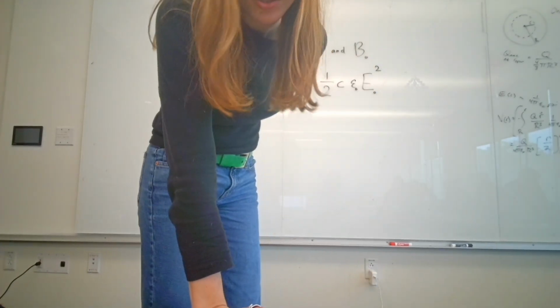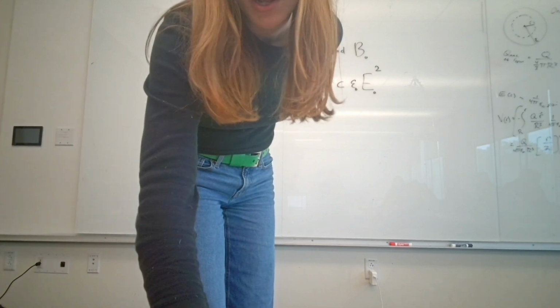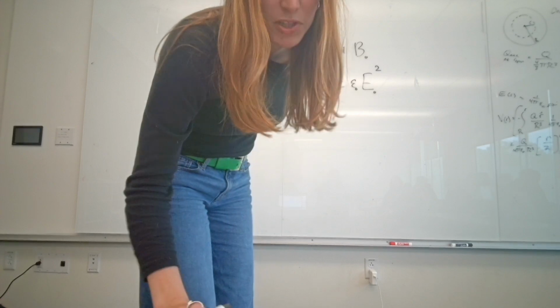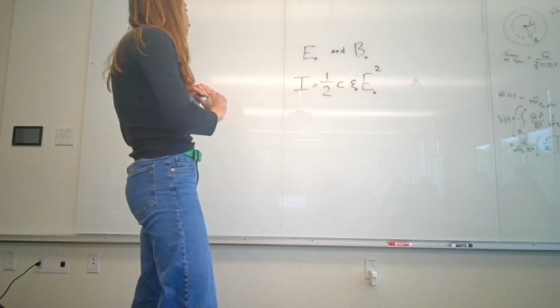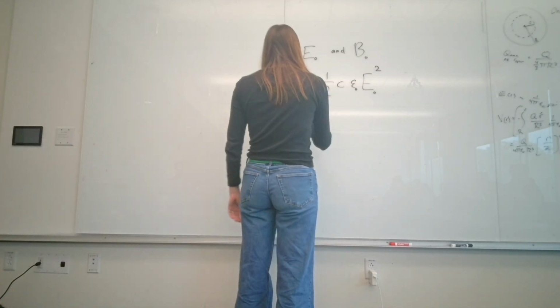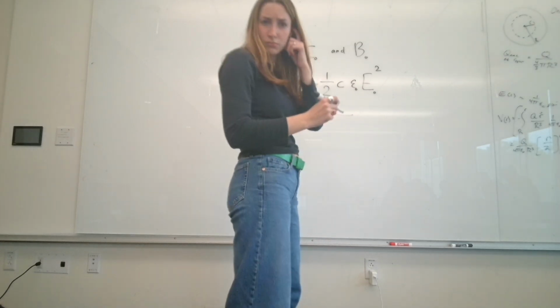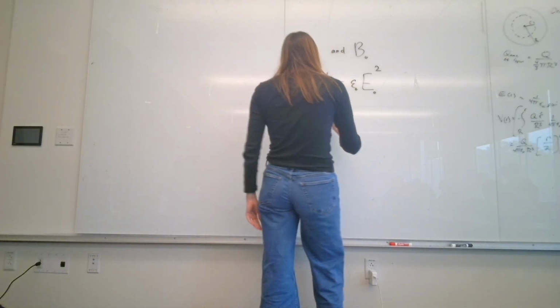It says the source is so far away, it emits light with equal intensity in all directions. We know that. The intensity at any distance r from the source is related to the source's power. So another formula that you have for intensity is power over area.